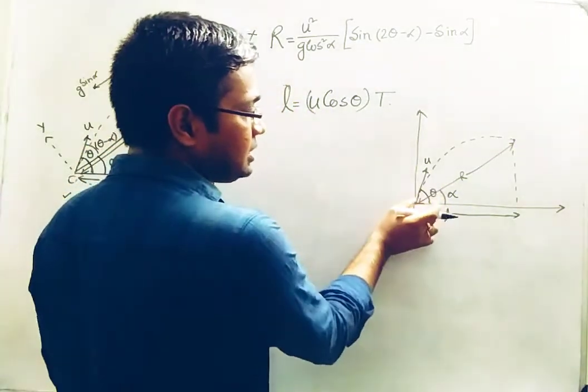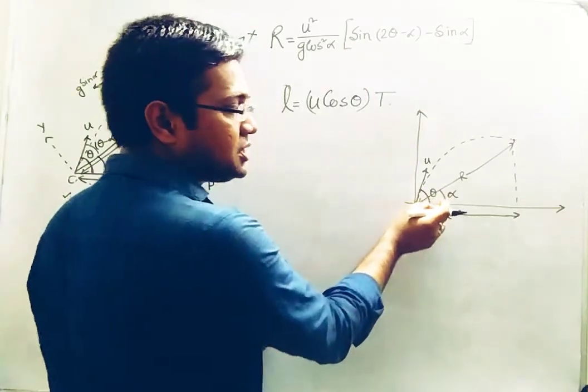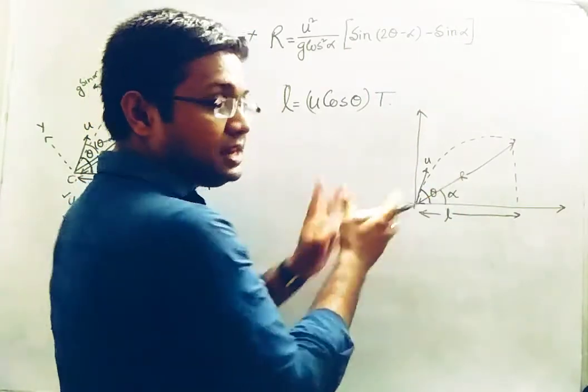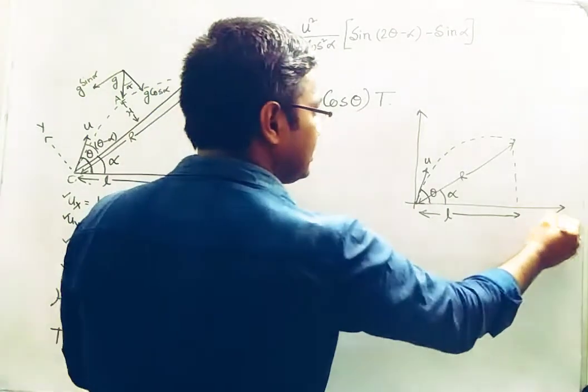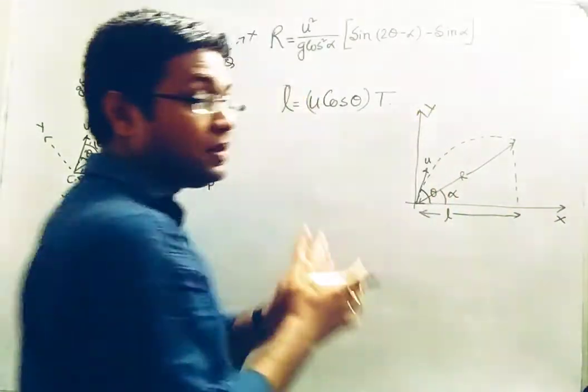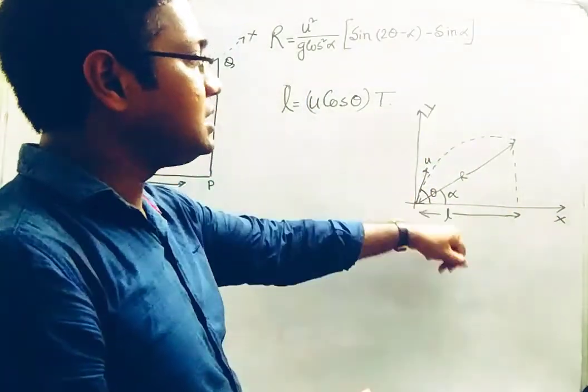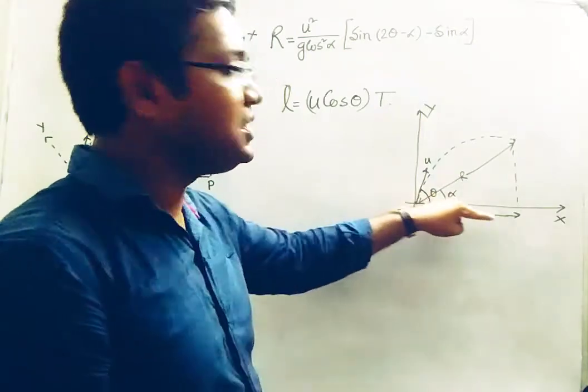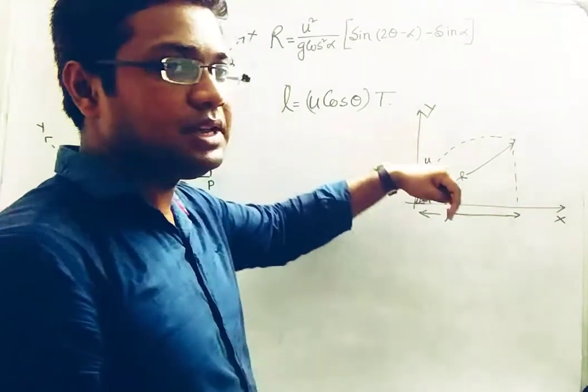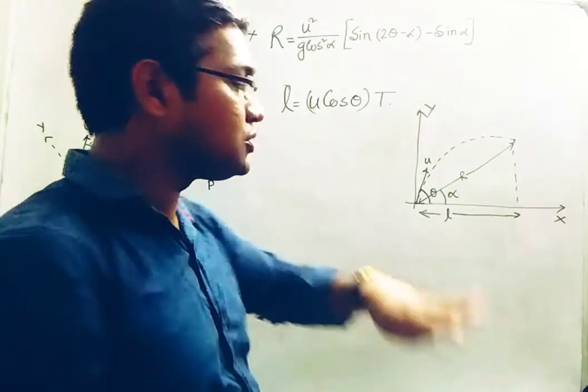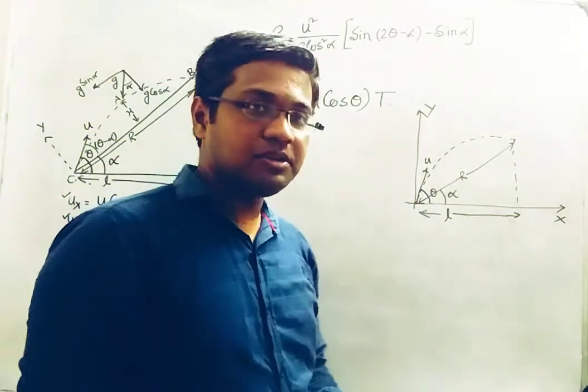u cos theta is the horizontal velocity of projection, and it is independent of g, just like previous. We are using the previous concept. g is acting downwards, u cos theta is in this direction, so it is completely perpendicular to that of the motion, so it remains unaffected throughout the motion.